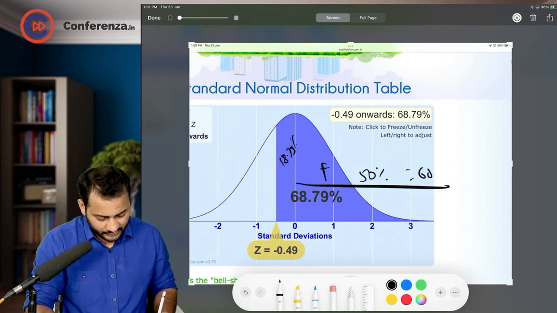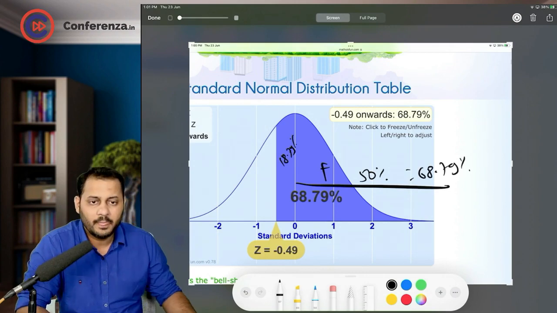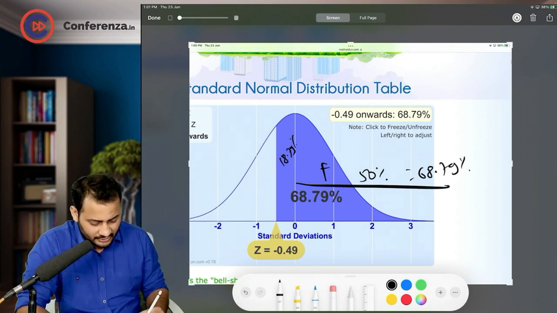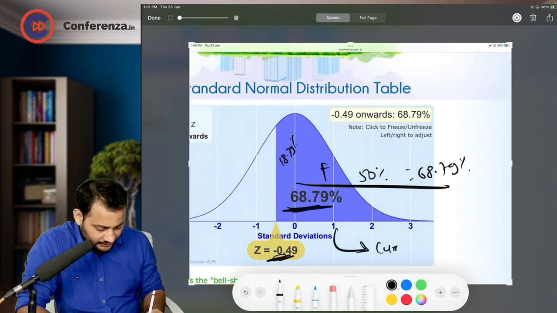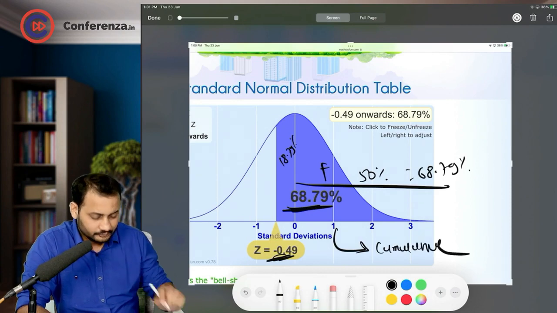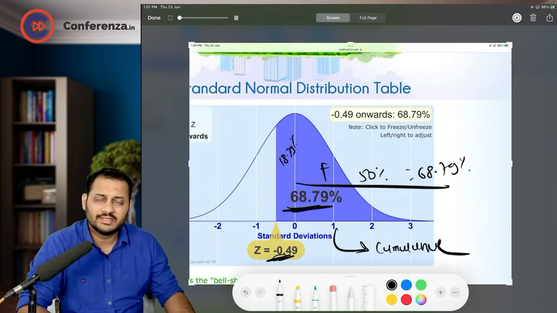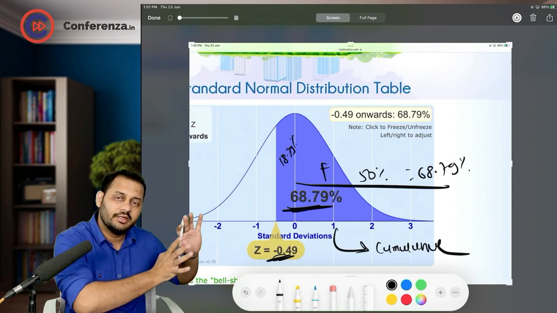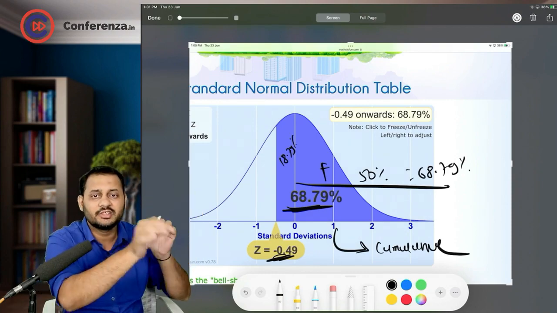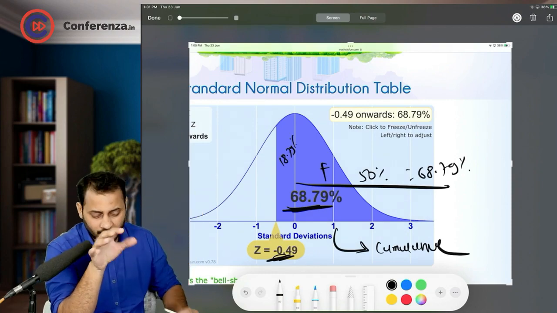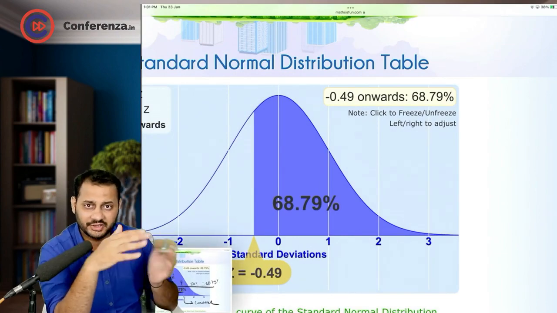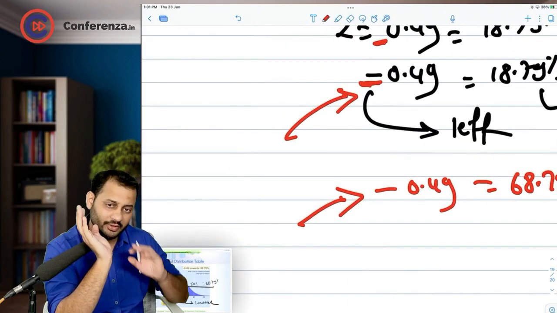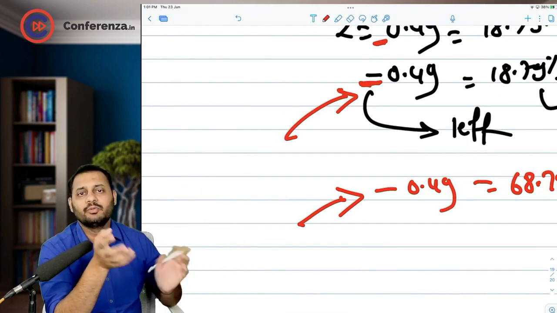It will give you 68.79%. It's very simple. If the table shows you 68.79 for this figure, we will call it a cumulative table. Cumulative means the entire area on the right side and not just till 0 or the mean. If you want to calculate till the mean only, that is one tail, one direction. If you want to calculate the entire area, that is both the tails.